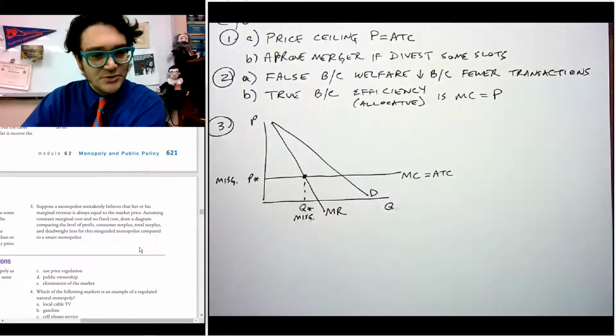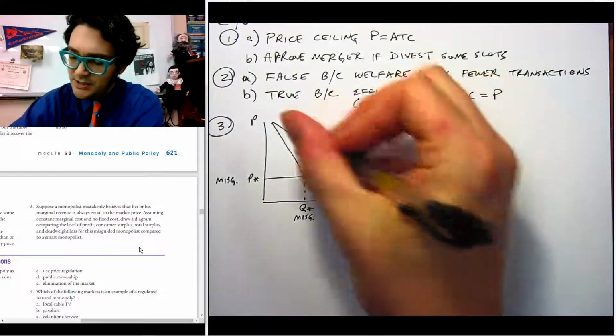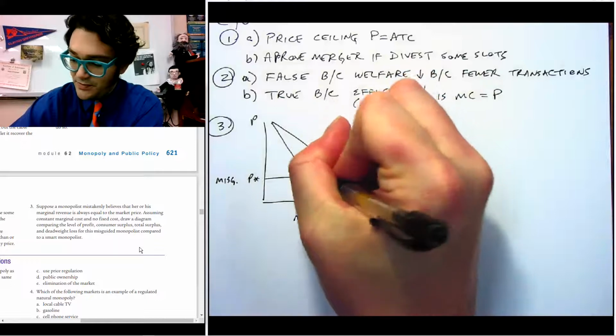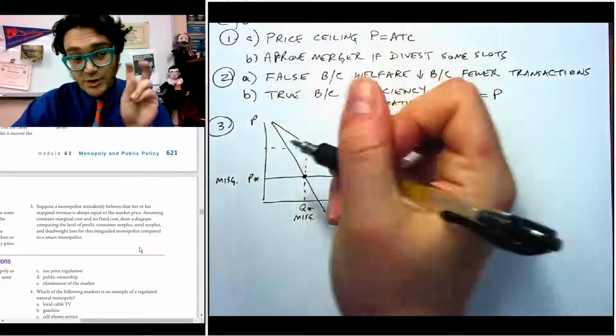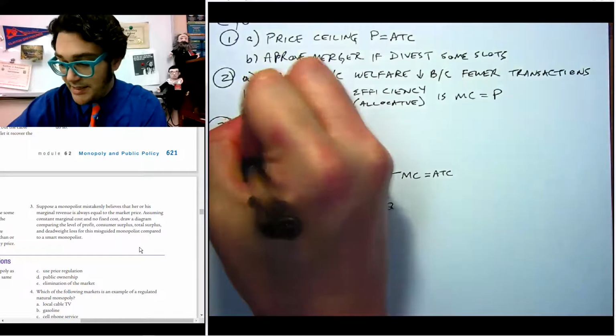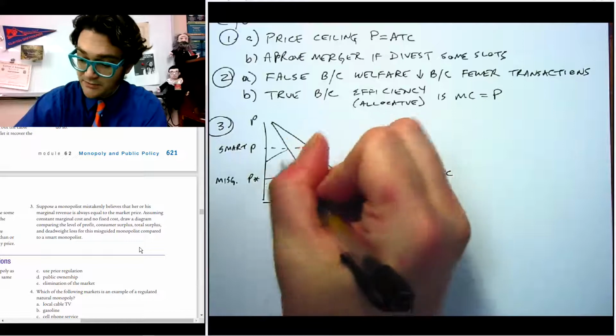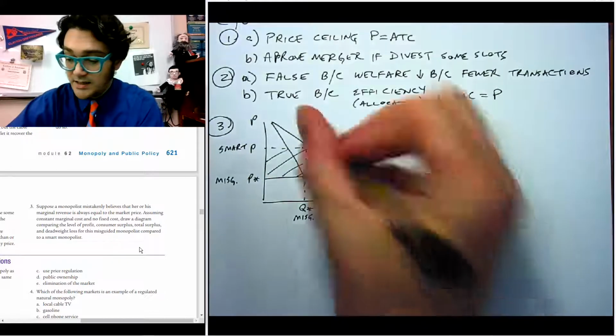And then they want us to do the level of profit, consumer surplus, total surplus, and deadweight loss. So in short, if they were the smart monopolist, they would be up here pricing way up high on the demand curve. And so the smart monopolist would get all of this profit.